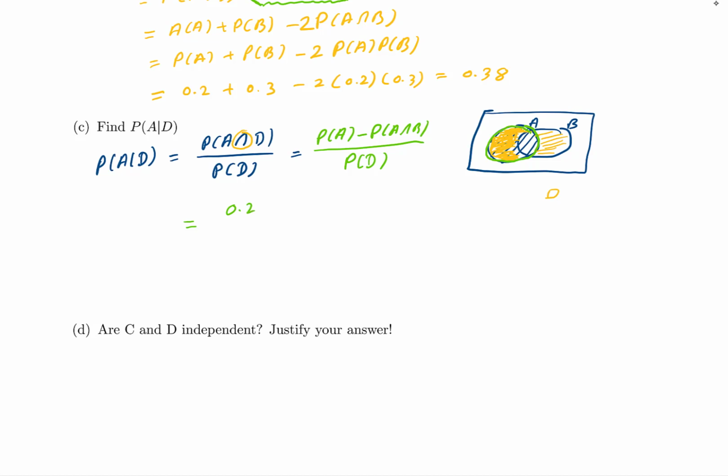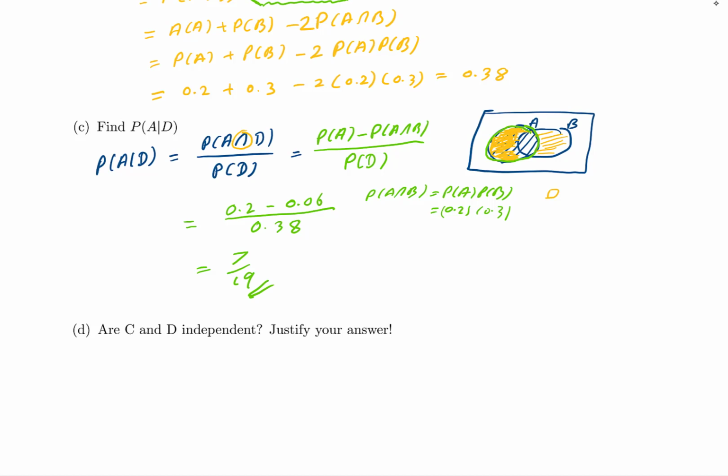This is 0.2 minus 0.06, right? Because how do we get the probability of 0.06? Probability of A intersection B equals probability of A times probability of B. So you know this is 0.2 times 0.3. So then divided by probability of D, we know that is 0.38. Therefore, the answer is 6/19.